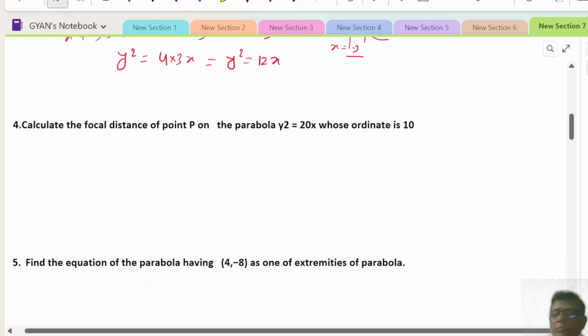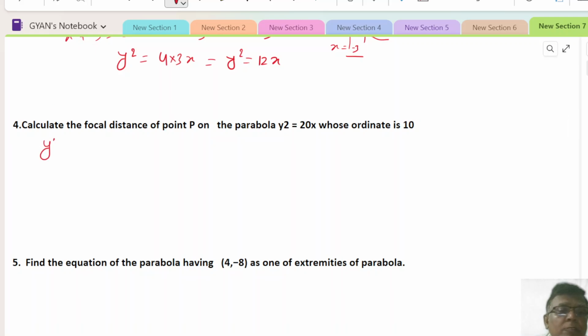Calculate the focal distance of y square is equal to 4 into 5, 4 into 5 into x. That means this one is a. A is equal to 5. So this will be this type, obviously, and focus is 5 comma 0.